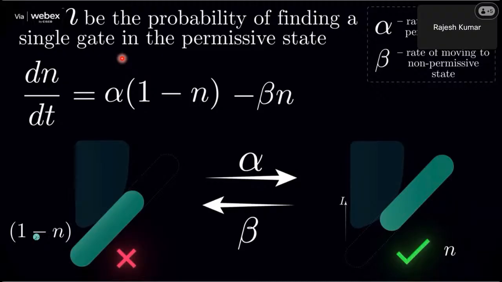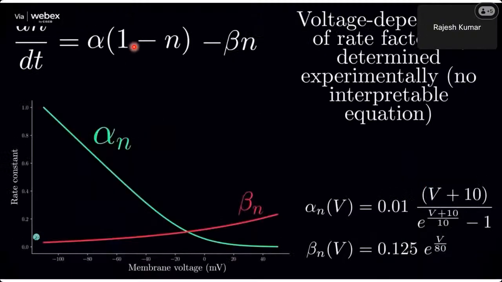This will give us the probability of the ion channels being open or closed, because at the end that will give us the current required for finding the potential and the spike train. If you try to plot these things, they depend on the voltage.